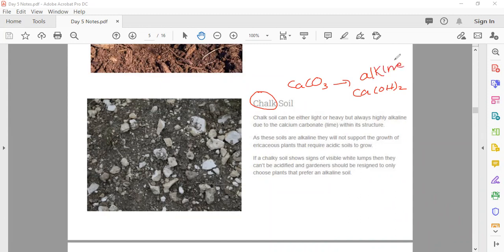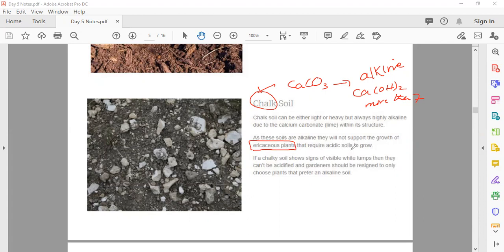If you see the pH of this one, it is more than 7. So they're saying that from the name, you can say calcium carbonate, and it is highly alkaline due to the calcium carbonate.